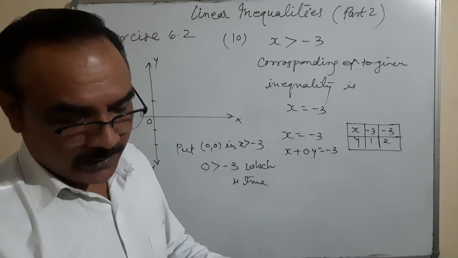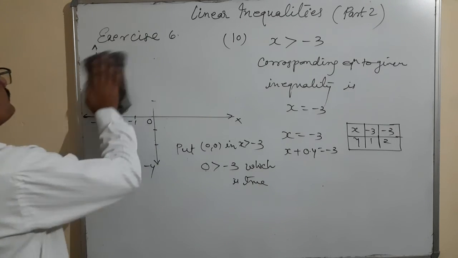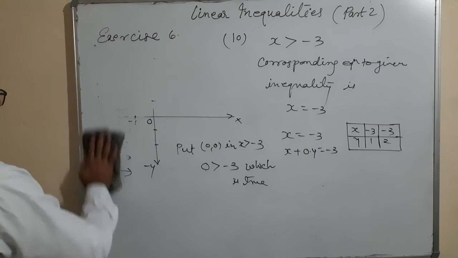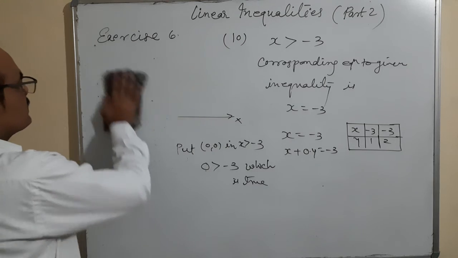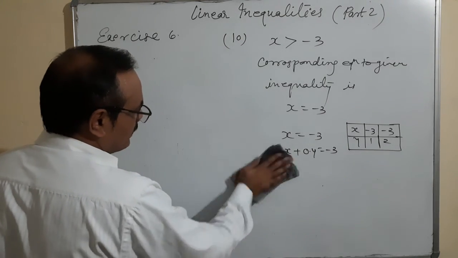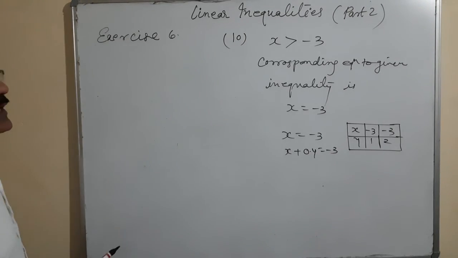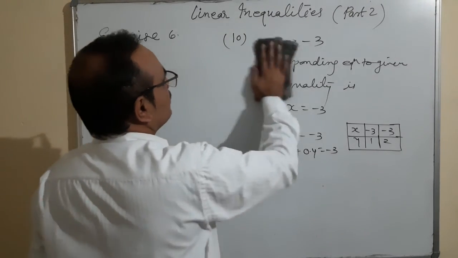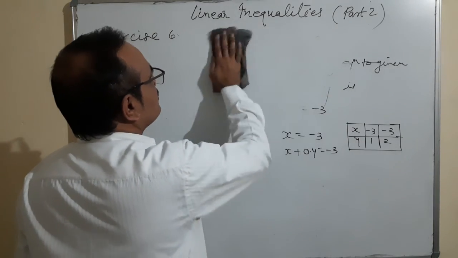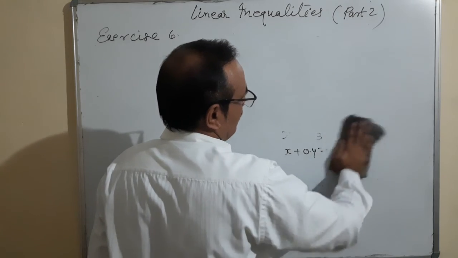One question I want to take from exercise 6.3. In exercise 6.2 there is a single inequality given. In 6.3 exercise more than one, like 2, 3, 4 inequalities are there, and we are going to represent these inequalities on the graph paper, okay.